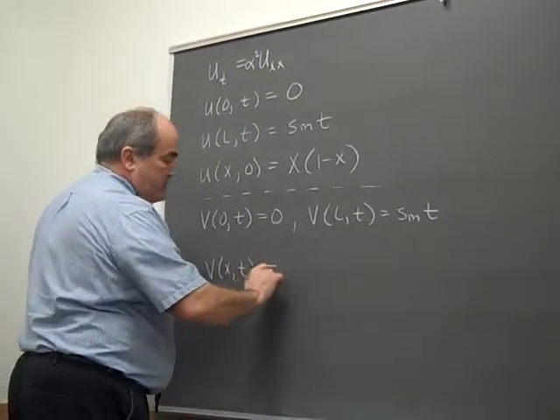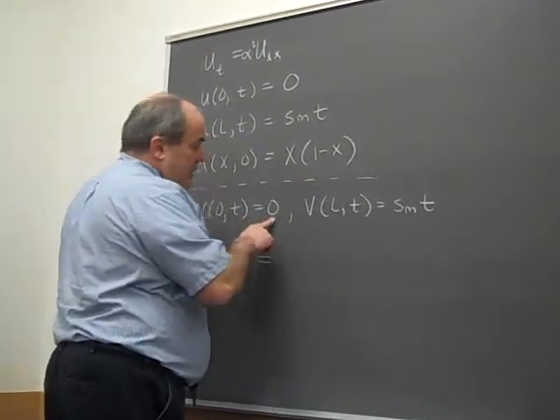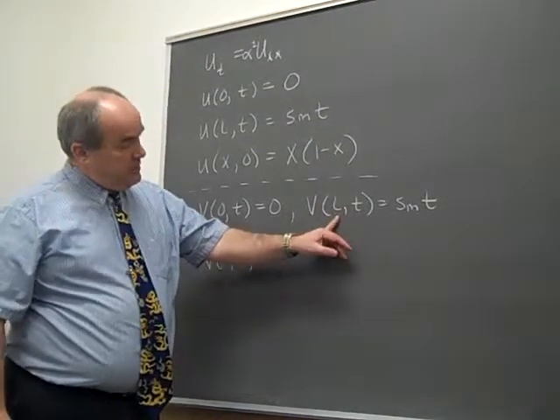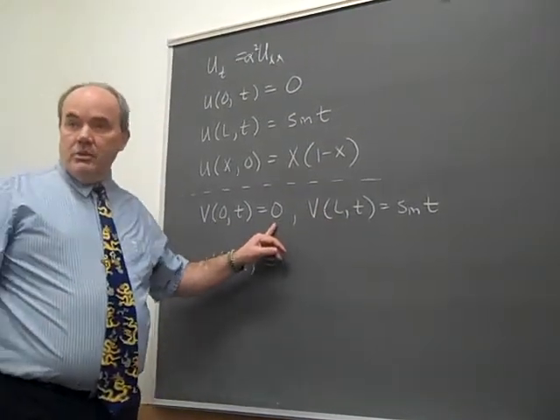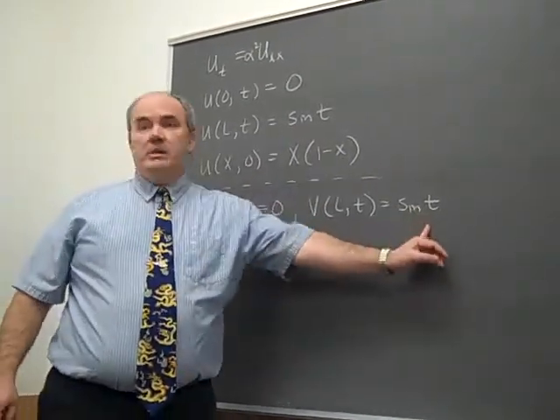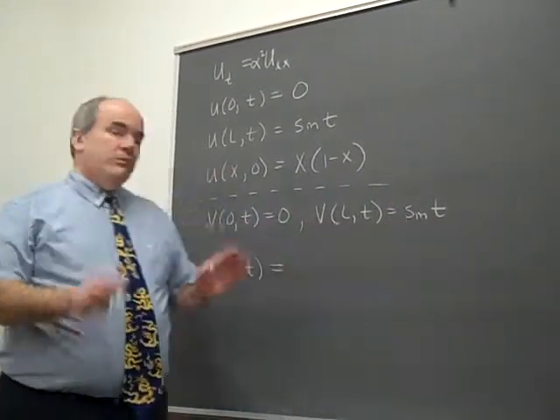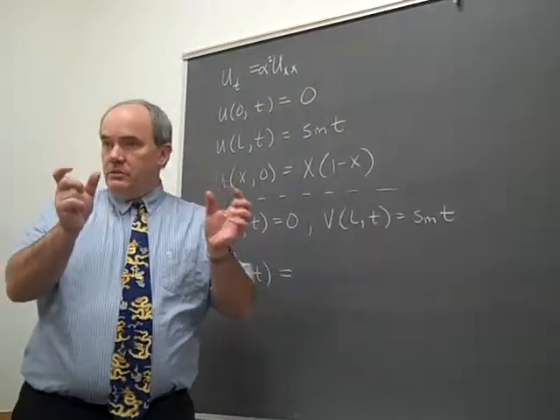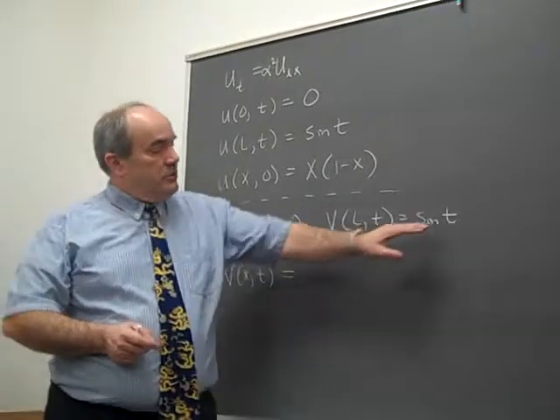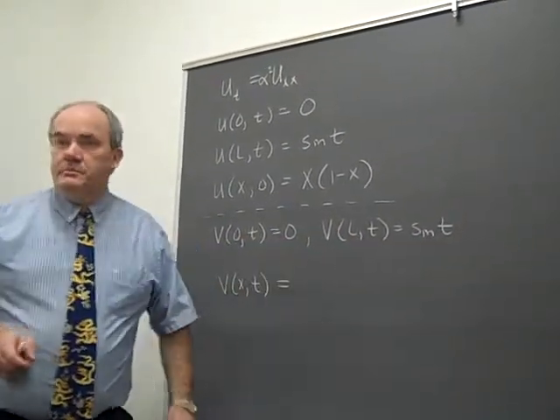by taking v of x and t, and basically what I want to happen is when x is equal to L, I don't want any of this function to show up. And when x is equal to 0, I don't want any of that function showing up. So I'm going to add these two together, but I'm going to multiply by some expressions that have x's in them, so that when x is equal to 0, this guy disappears, and when x is equal to L, this guy disappears.